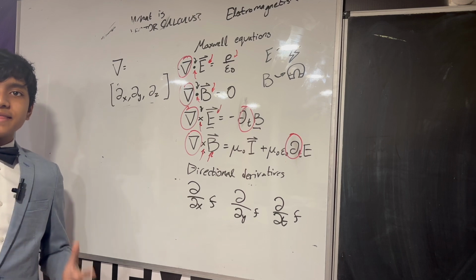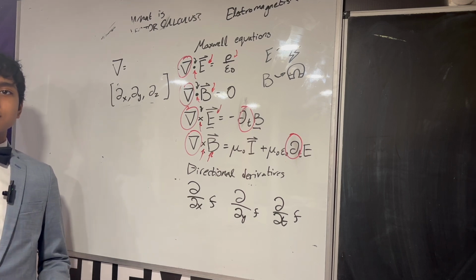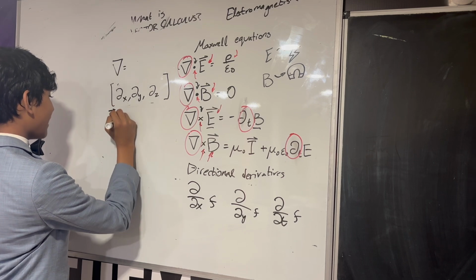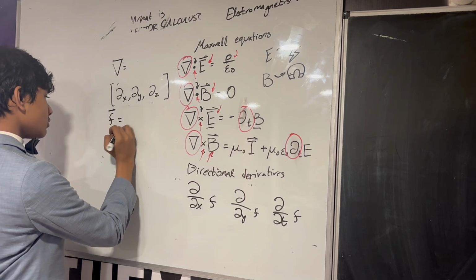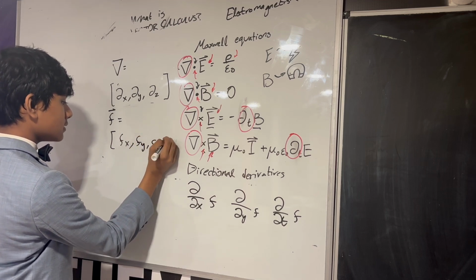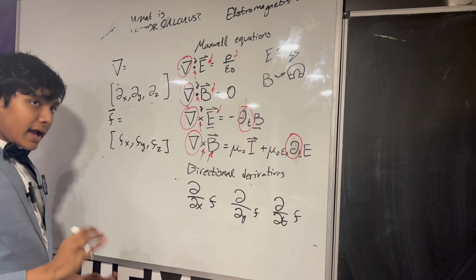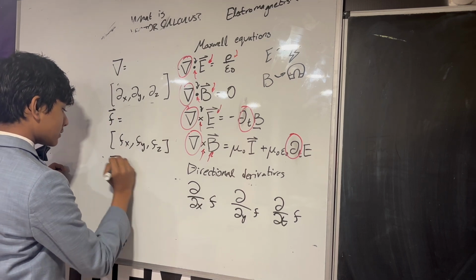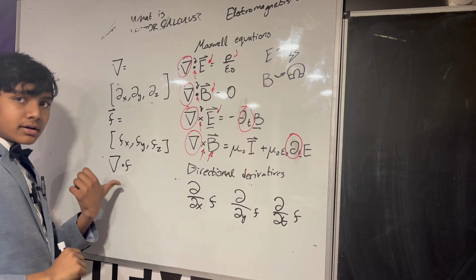But just hypothetically, say it wasn't nonsense for a second. Then say you had a function f, which is equal to fx, fy, fz, the vector components. Now, for a second, pretending none of this is nonsense, calculate this dot product.